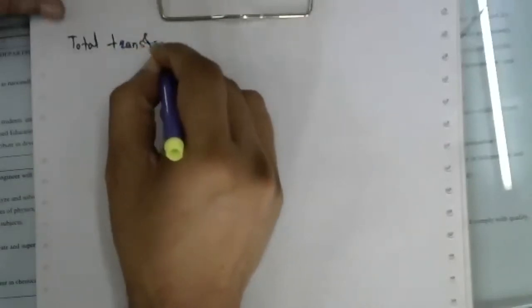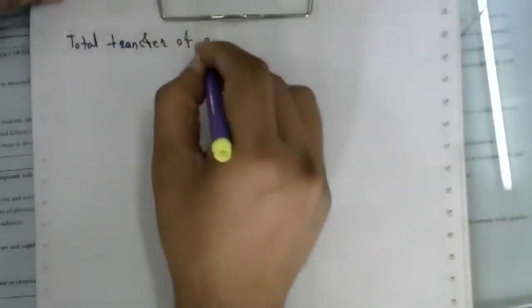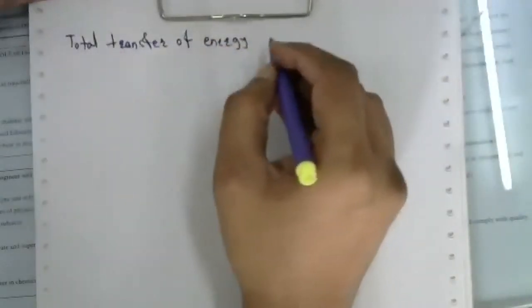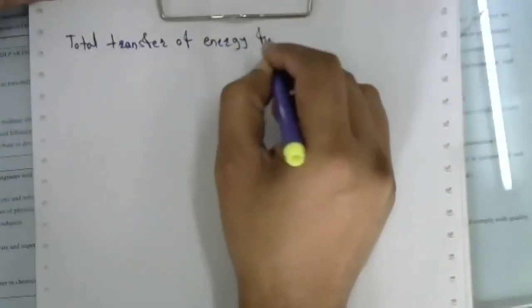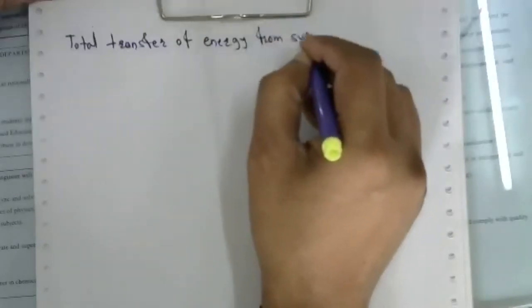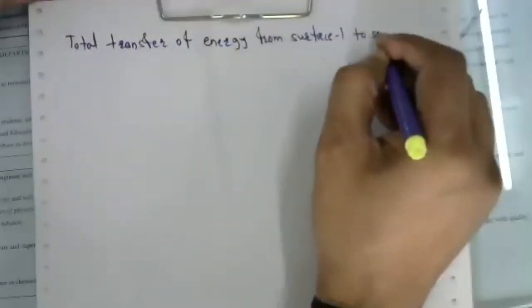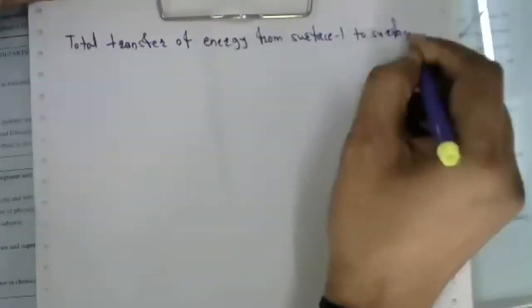Total transfer of energy from surface 1 to surface 2 per unit area per unit time.